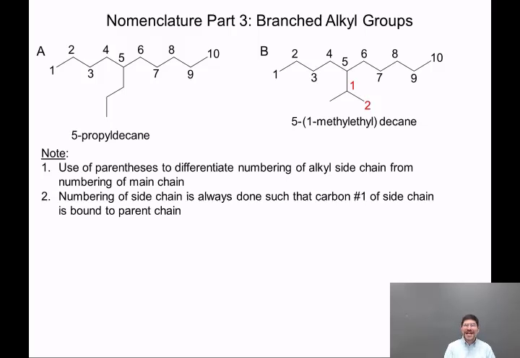Carbon 1 of the side chain is not on the parent chain. The parent chain has already been numbered, and that carbon on the parent chain is carbon 5. Coming off of carbon 5 is a side chain that has 2 carbons in its longest chain, and it is carbon 1 of the side chain that is bound to carbon 5.